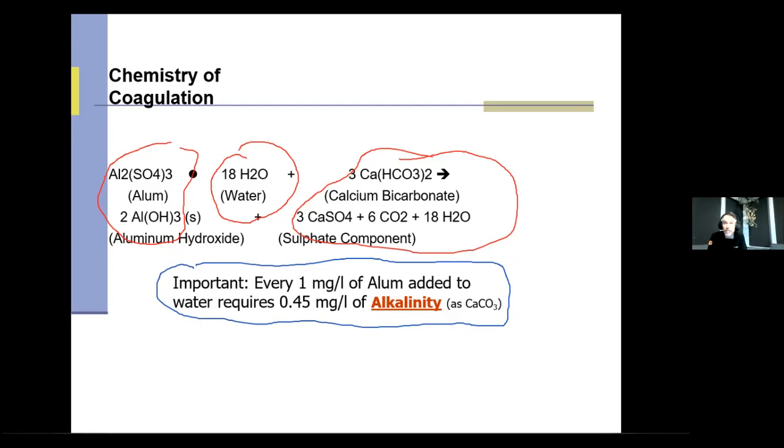So when you do your alkalinity test, that's something to think about. If I have to add 20 milligrams per liter of alum, I better make sure I have at least half of that in alkalinity. So I should have at least 10. And remember, it could fluctuate, so you want to have some extra in case.